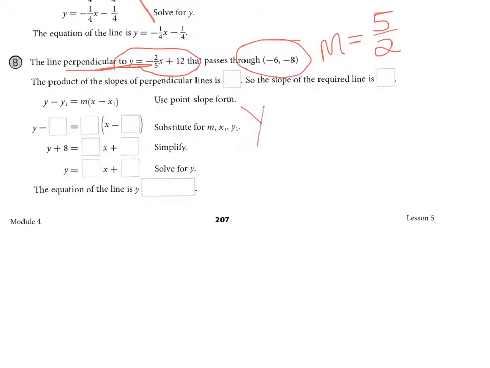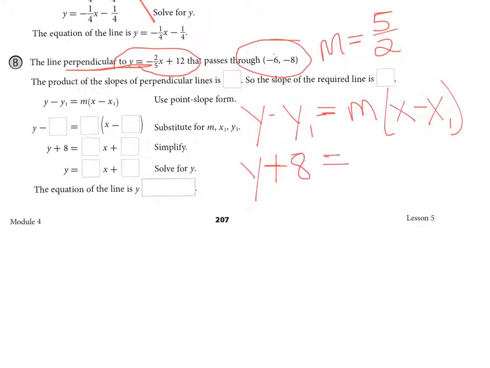And again, I'm going to say y minus y sub 1 equals m times x minus x sub 1. And that x sub 1, y sub 1 stands for that point. So y minus -8 becomes y plus 8 equals a slope of 5/2. And then x minus -6 gives me x plus 6.